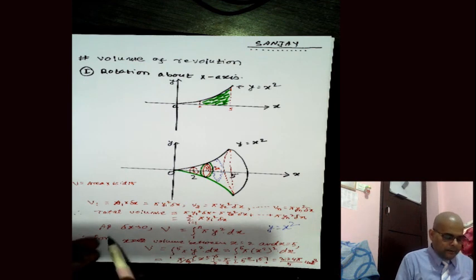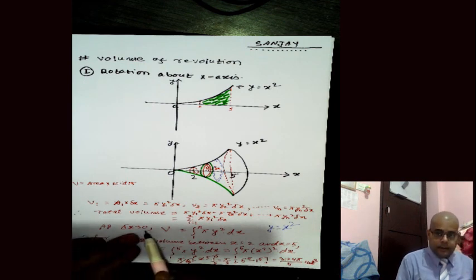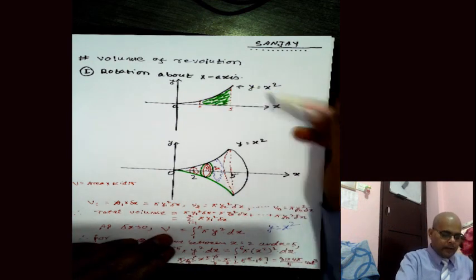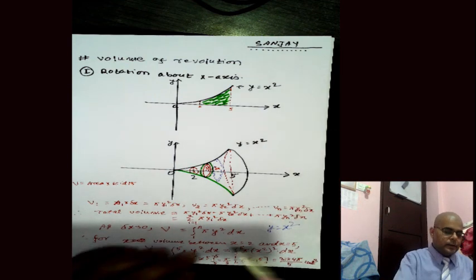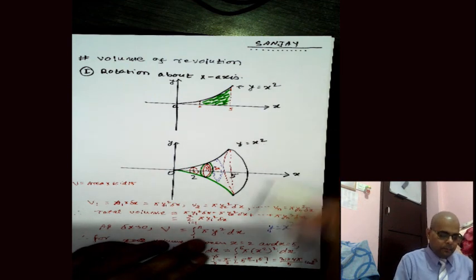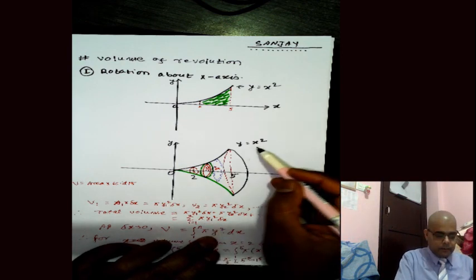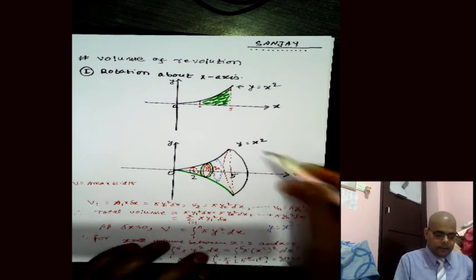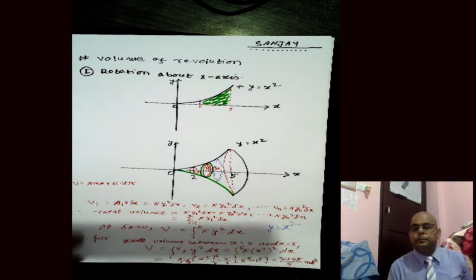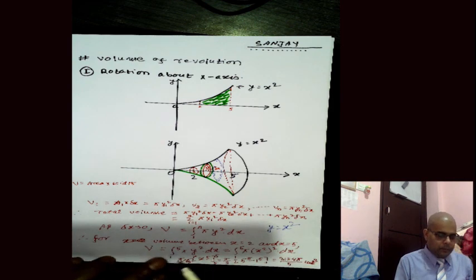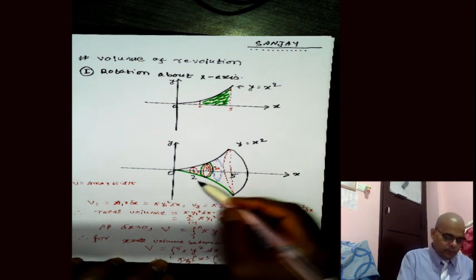As delta x tends to zero, that is, delta x is extremely small, the volume obtained by rotating this curve about the x-axis is given by the integration of pi y square, where y equals x square. In this example, x goes from 2 to 5.